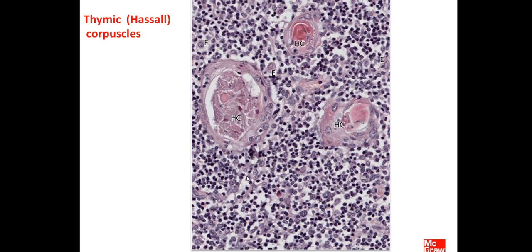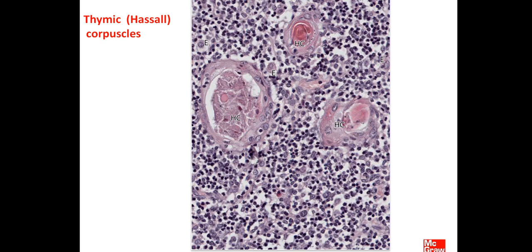In between there is a space called thymic sinuses or medullary sinuses. I mean, in the medullae there are two main parts: the medullary cord and the medullary sinuses.